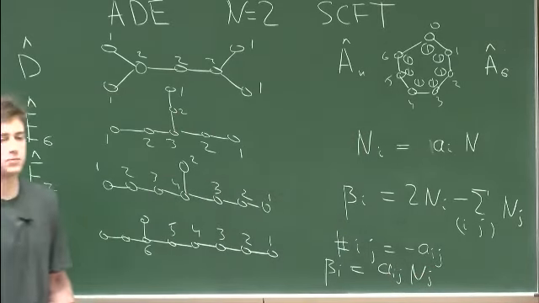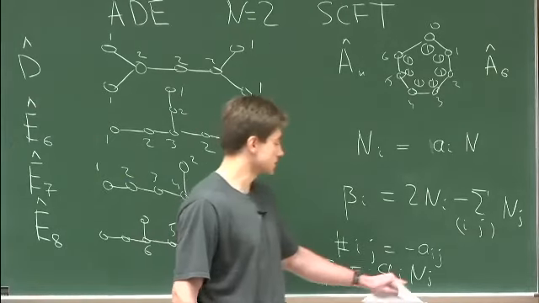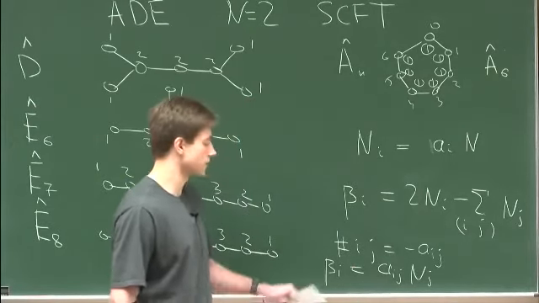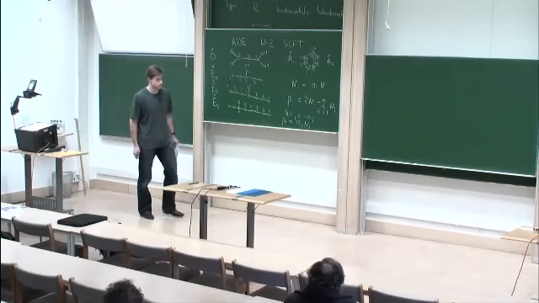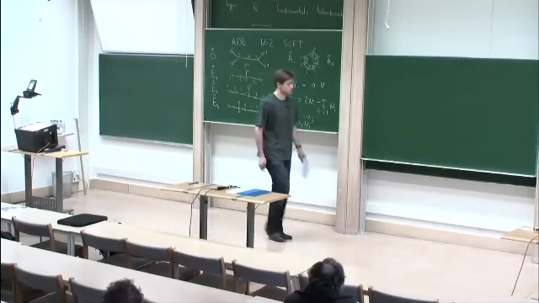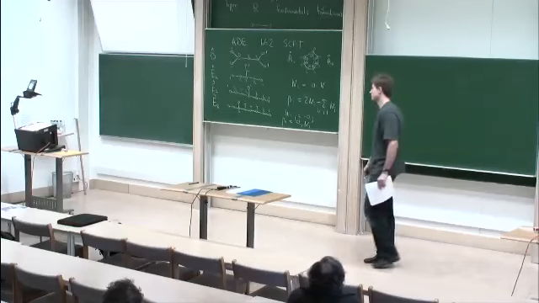And now you're looking at the problem of finding a list of positive integers N_j such that the beta function would be non-negative, if you want a UV asymptotically free theory or a UV conformal theory.